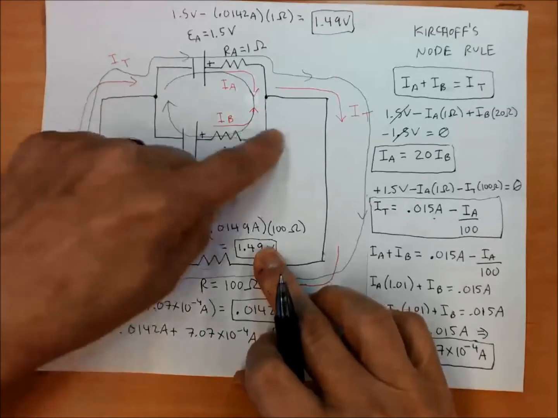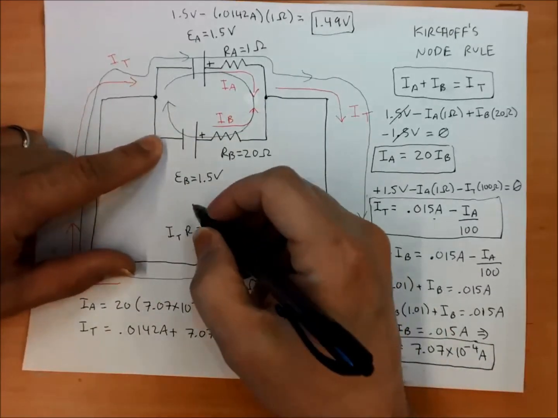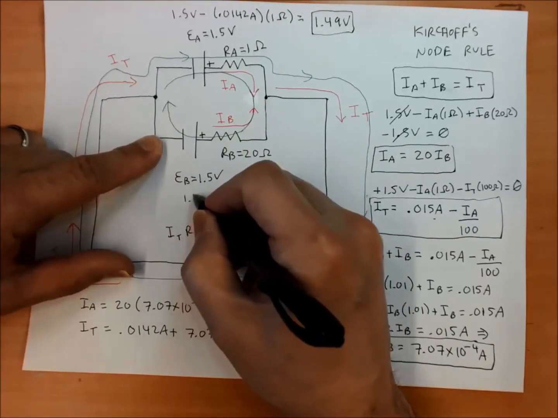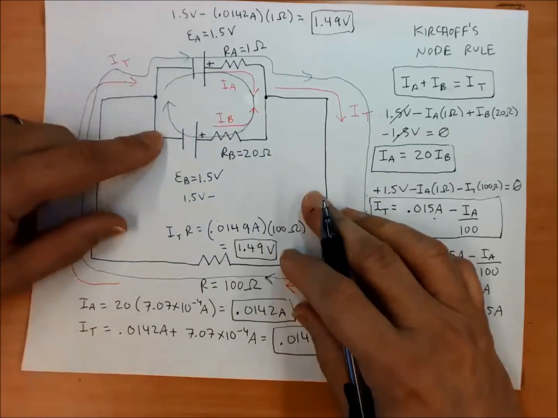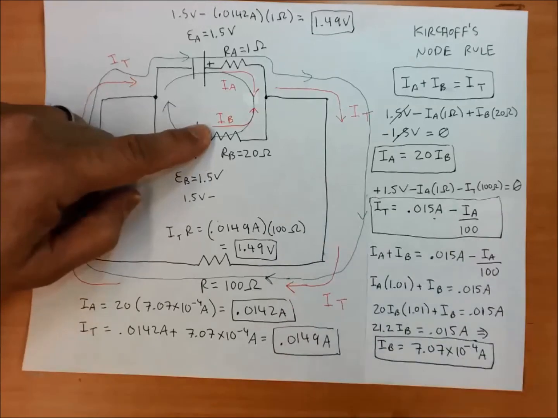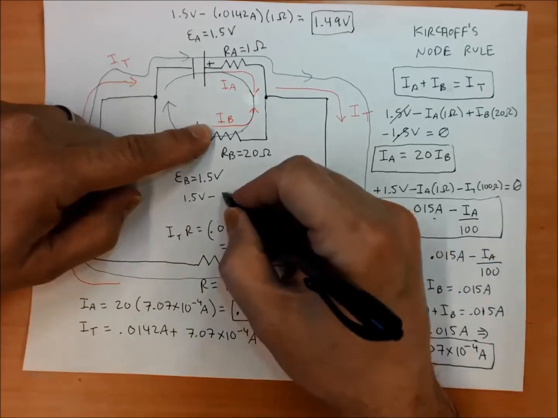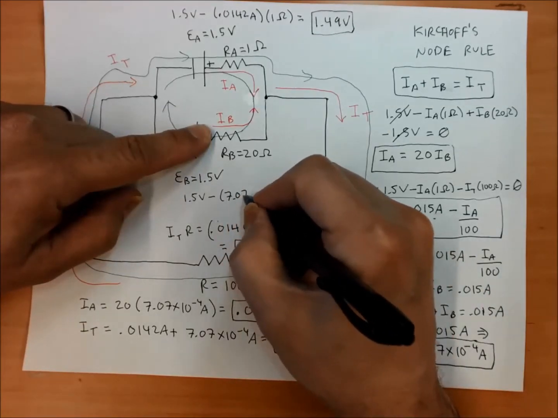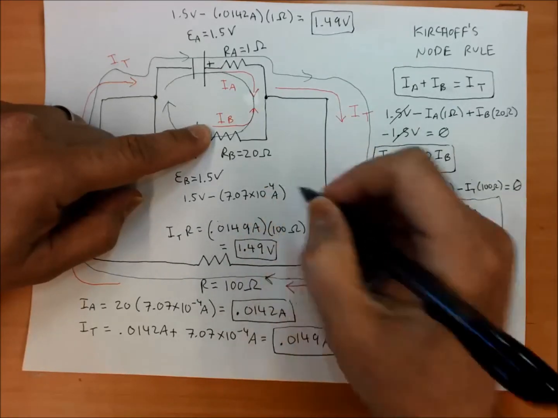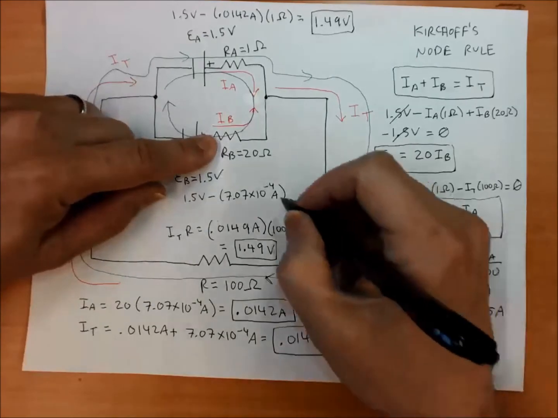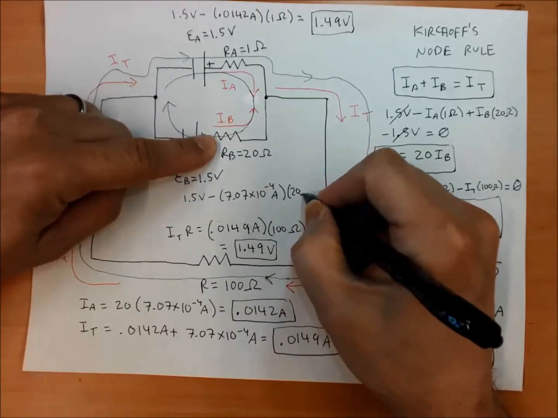If I do it on this bottom part, now I'm going to have my voltage boost, which is 1.5 volts, minus the voltage drop across this resistor, which is going to be equal to I sub B, which is 7.07 times 10 to the minus 4 amps, times the value of that resistance, which is 20 ohms.